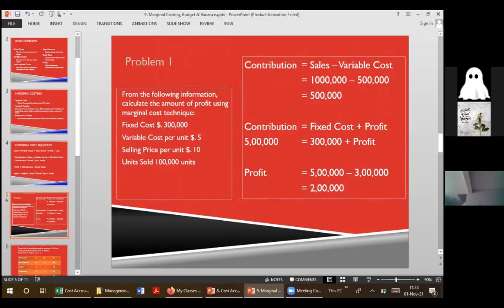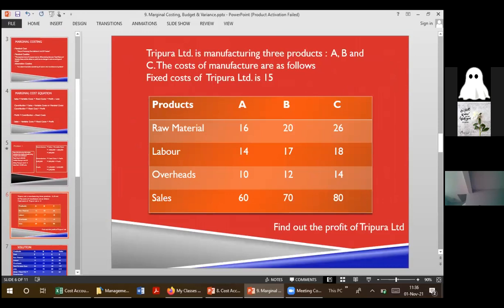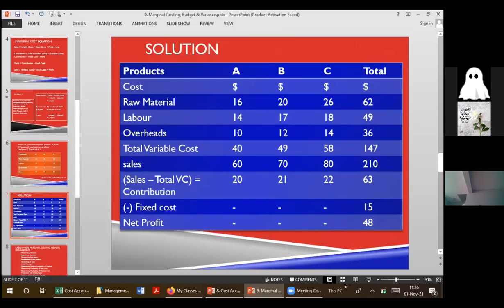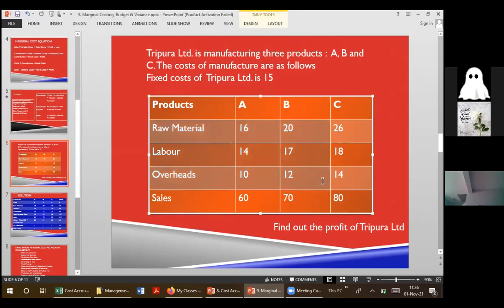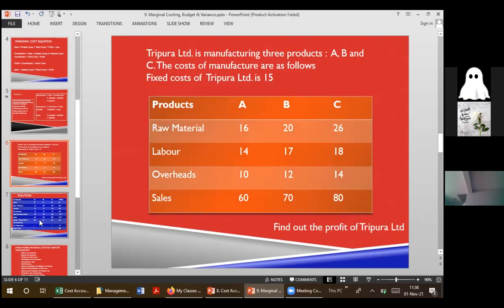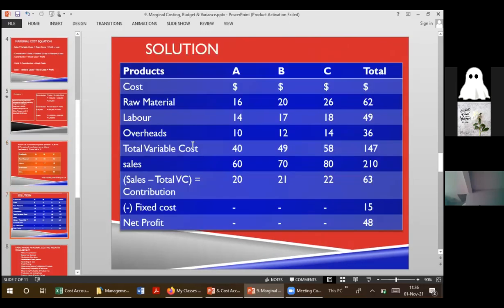So tomorrow we'll solve more problems on this. Just to let you know how they are solved, they must be like this. A company will have products A, B, and C, and they will have all the things we know about: the three overheads, raw material, labor, and manufacturing overhead, and they will have a sales amount. Given these, we can calculate our cost statement.